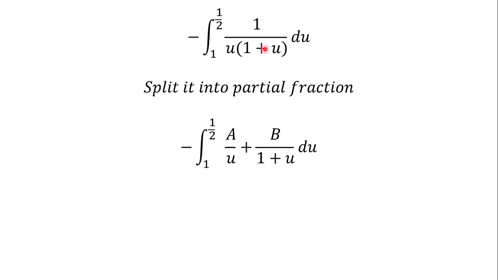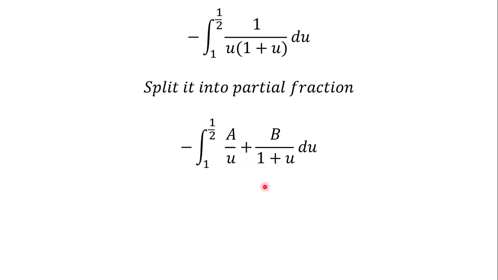The whole of this is equal to this one, and when you simplify, you get A times this plus B times this, all over this times this.